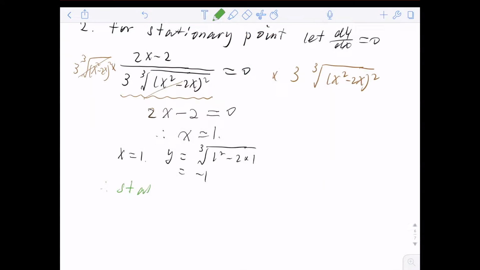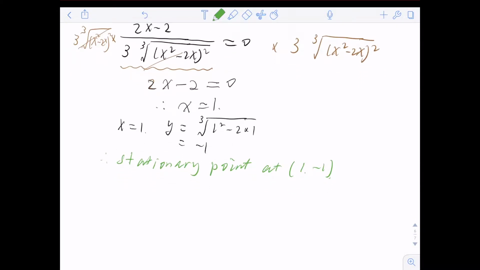Stationary point at (1, -1), and no discontinuities. Yes, okay.